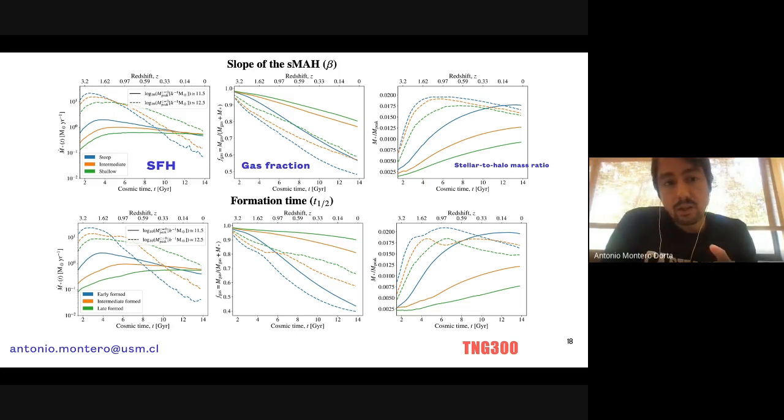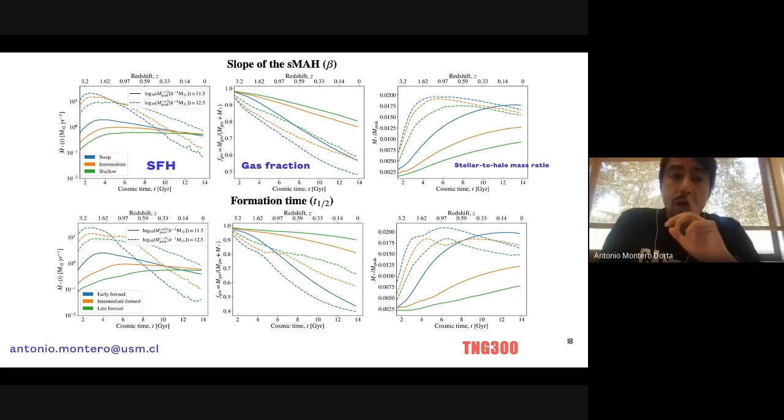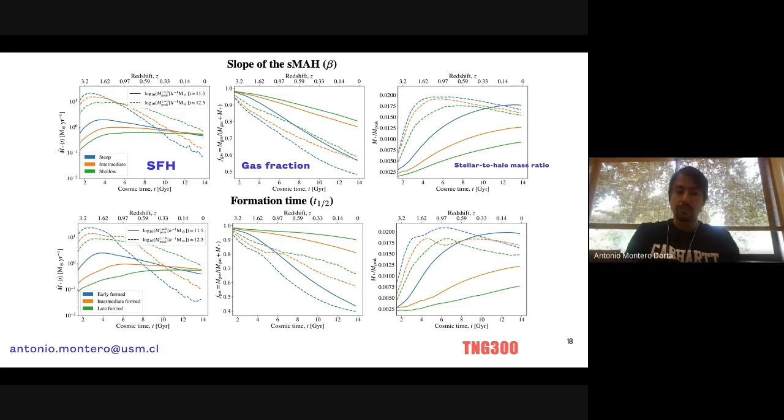Another interesting thing, one of the most interesting things, is that the link of this parameter with galaxies is more stable than when you use formation time, just the time at which halos form half of their masses, where it's not as monotonic, as you can see in the plots.